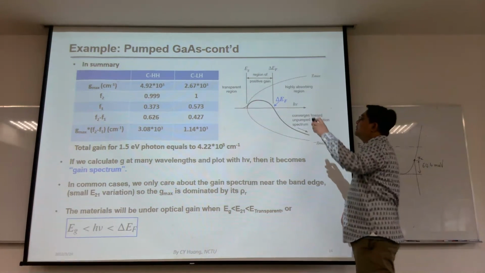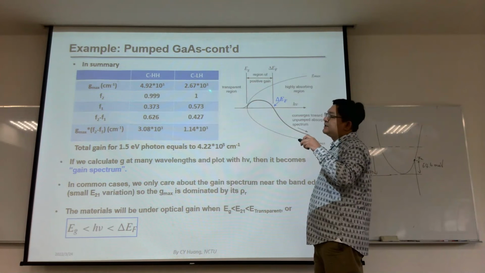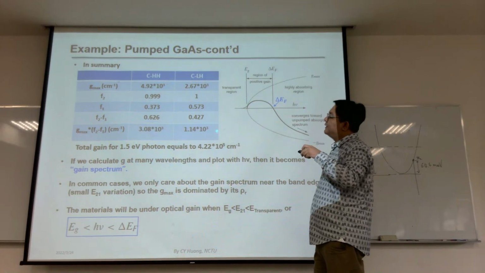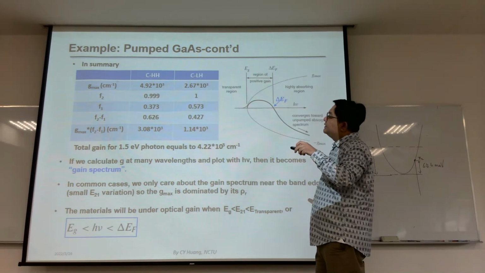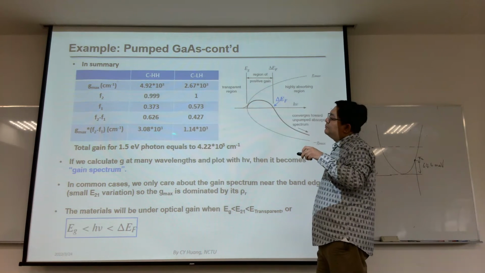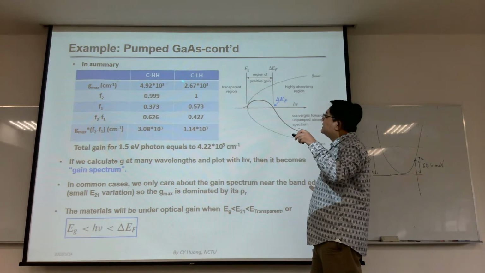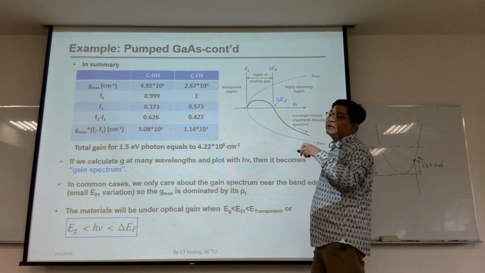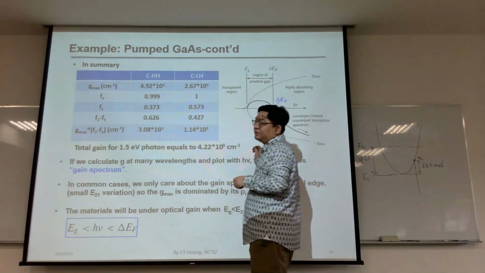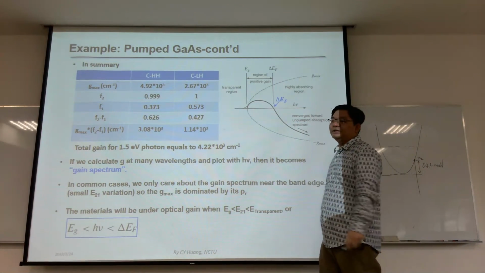Alright. So now we have all the numbers we need. Now we have the Gmax, F2, F1, F2 minus F1. So Gmax for the transition at 1.5 eV, the optical gain, is around 3000 for CHH, and for the C to light hole band it is about 1100. Still, the CHH dominates. That's because the density of state of the heavy hole is much higher.